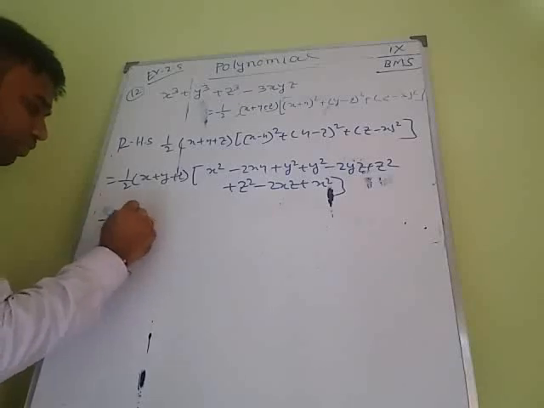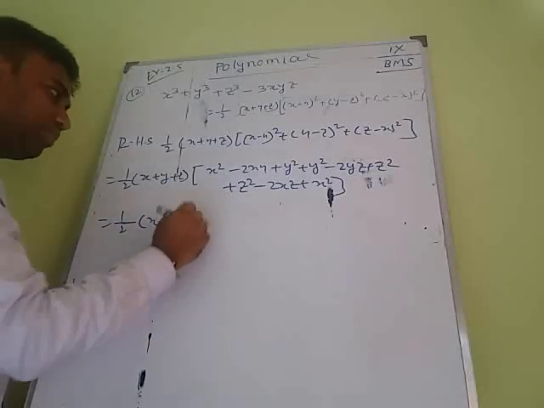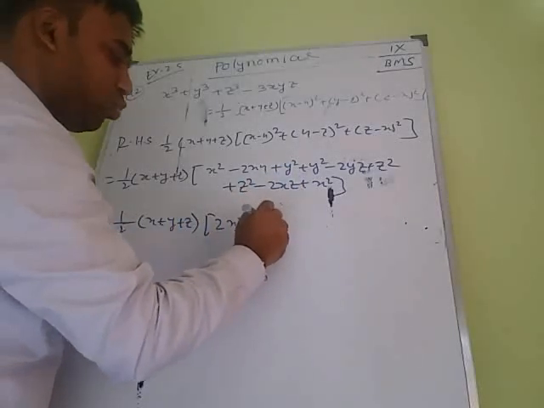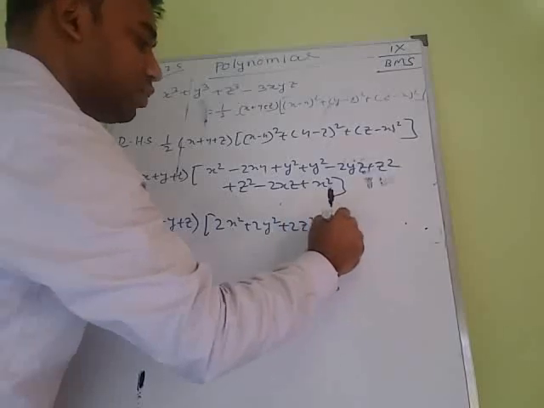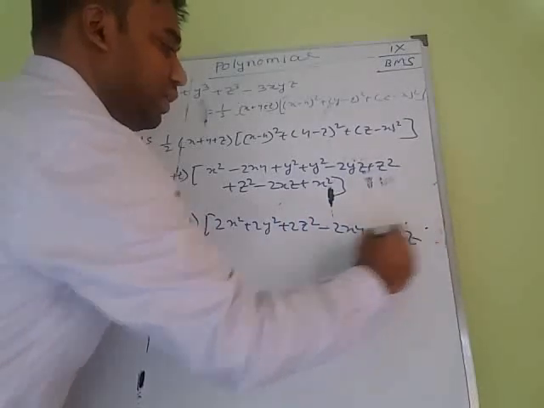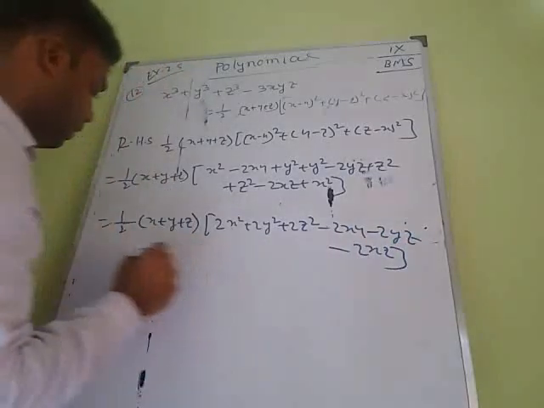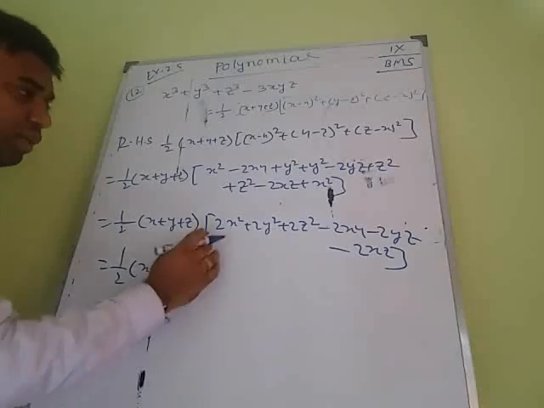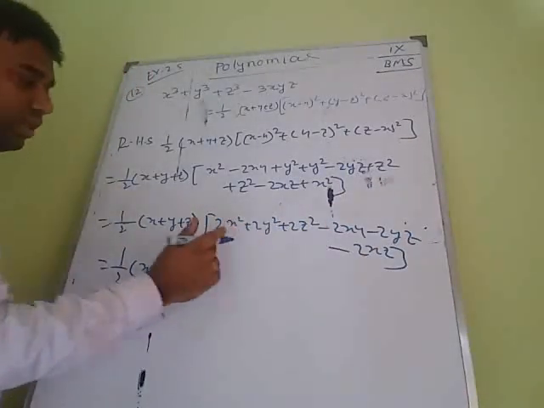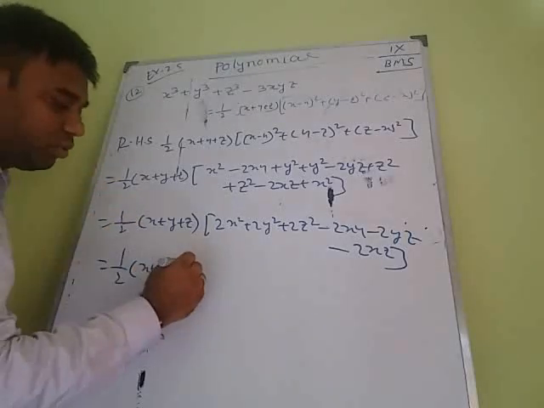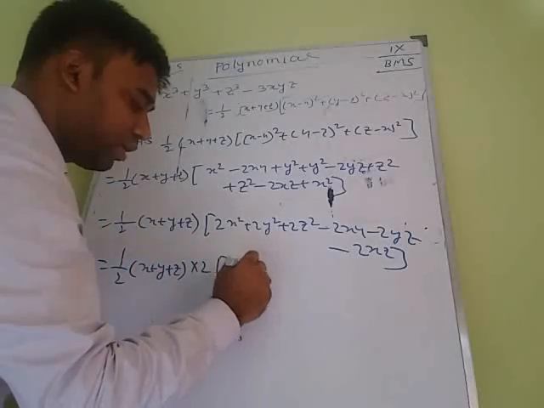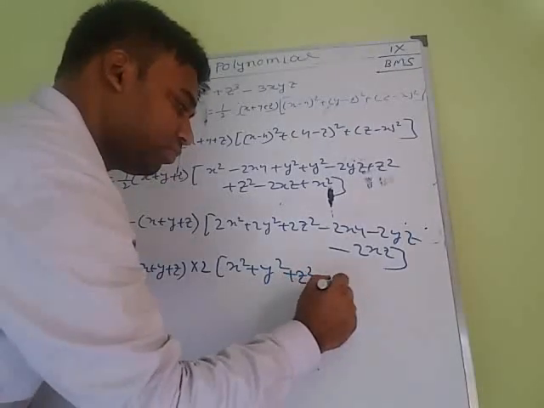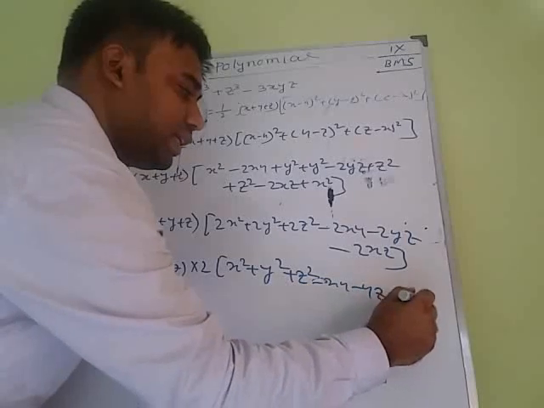So 1 by 2 (x plus y plus z) into x square plus x square, that is 2x square, 2y square, 2z square, minus 2xy minus 2yz minus 2xz. Now each term in the third bracket has 2, so taking 2 common: x square plus y square plus z square minus xy minus yz minus zx.